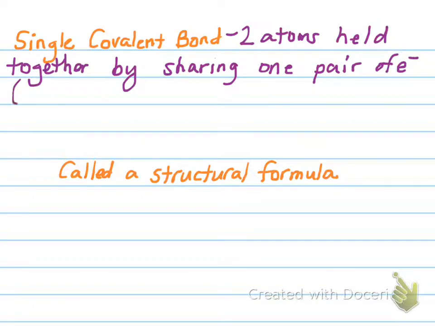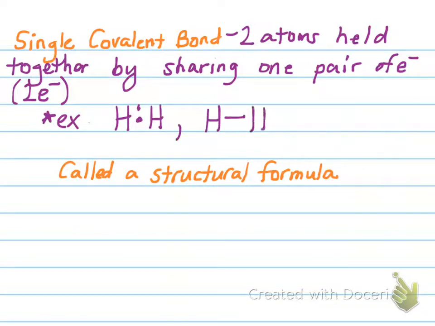Which means two electrons total. An example of this is that hydrogen we just looked at. Okay, that's a single covalent bond. You can also represent that bond with a dash. So when we have a dash, that means that we have a sharing of two electrons.